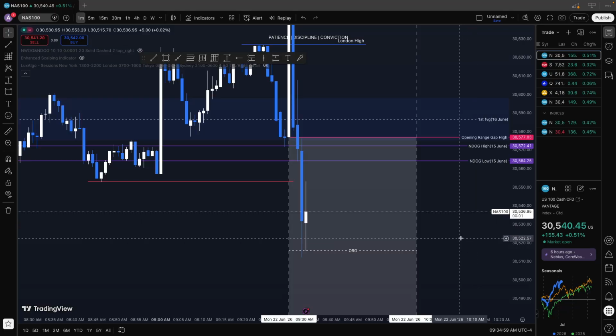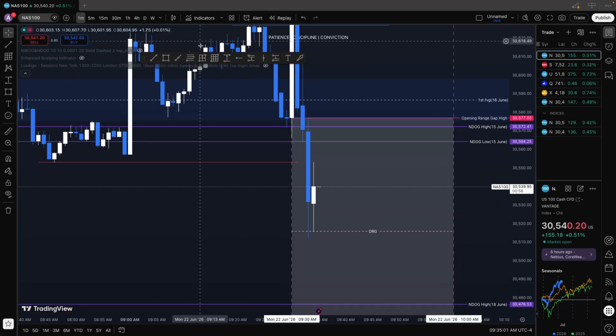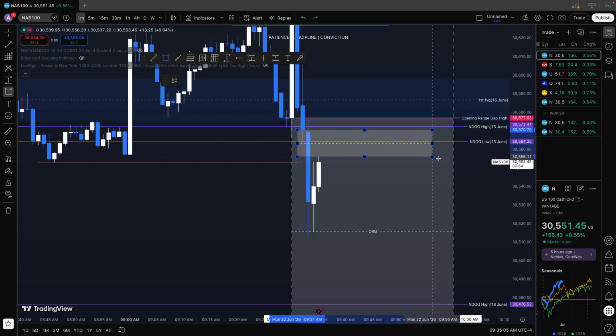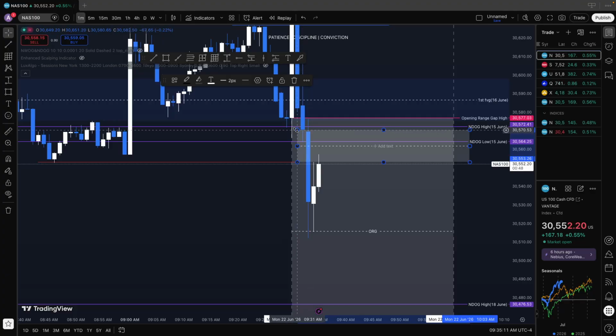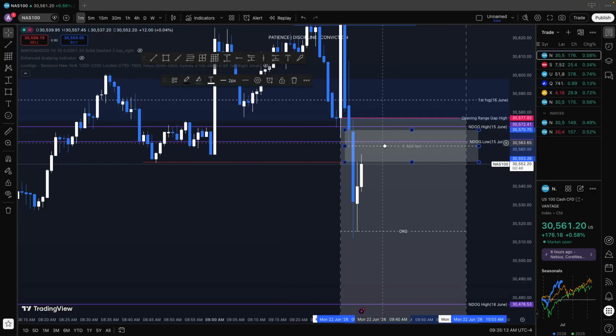Still works. There we go, we got that fair value gap. I would want to wait for this to inverse.